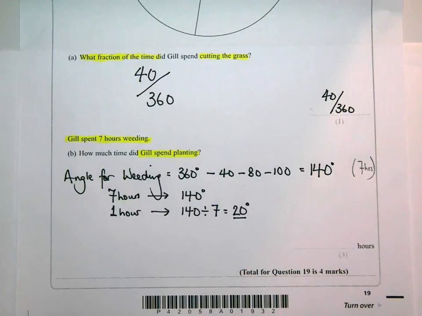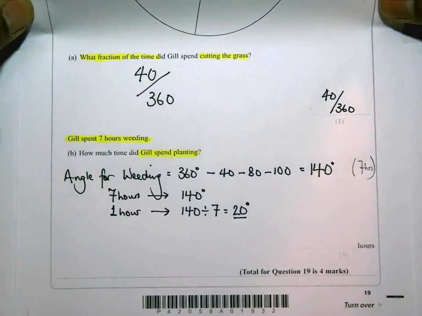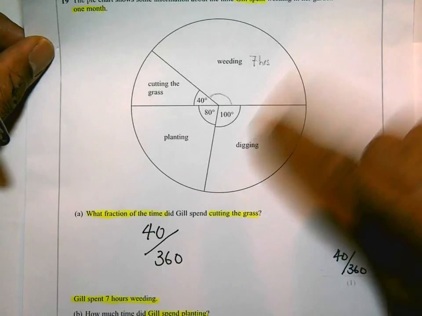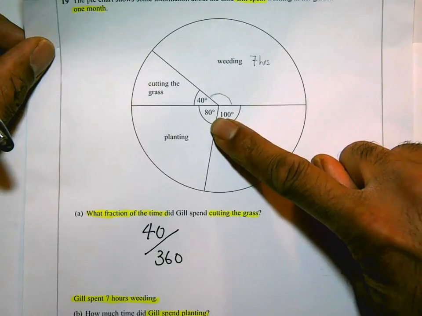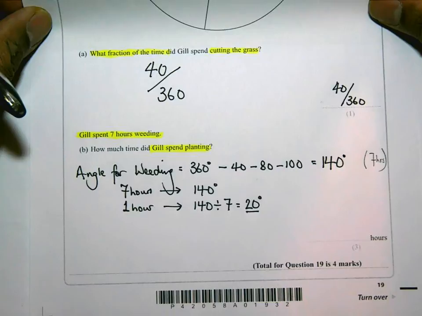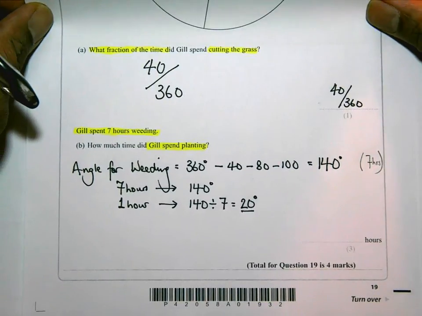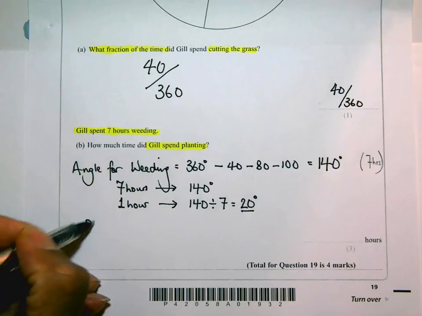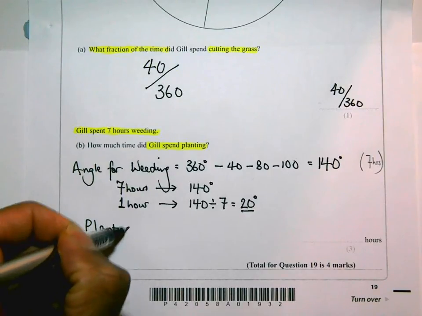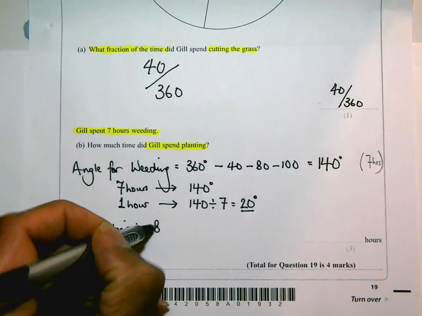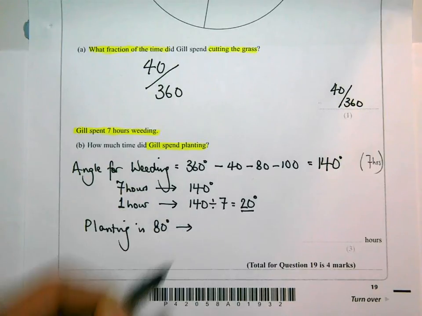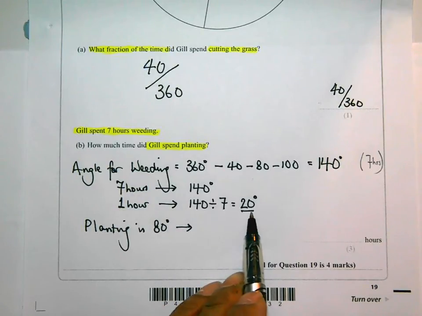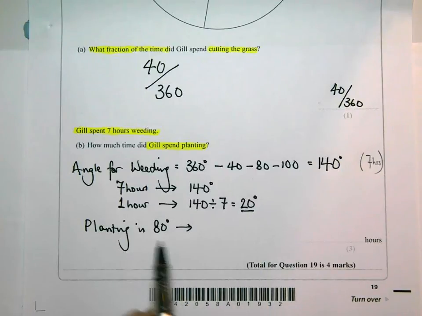But planting, if I go back to the pie chart, the section on planting was 80 degrees. So if planting was 80 degrees, how many times 20 is going to be 80? 4 times.